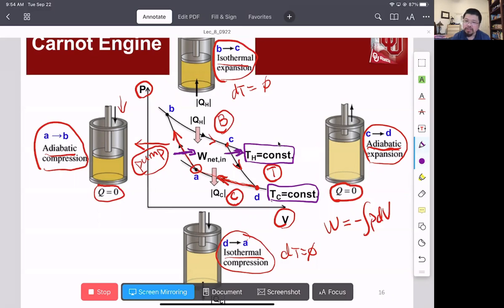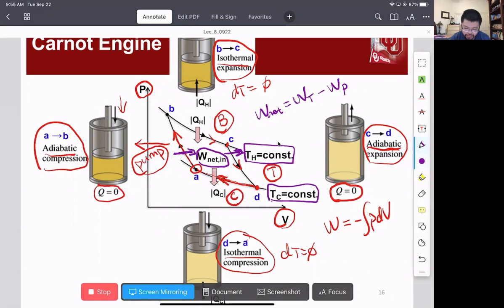But like we discussed on the previous slide, we try to combine those two works as the net work. So that net work would be the work from the turbine minus the work needed from the pump. This is regarding the work.